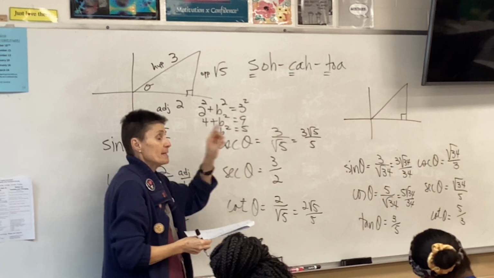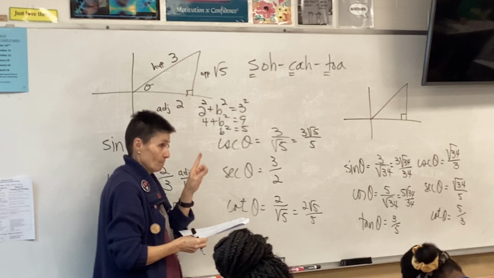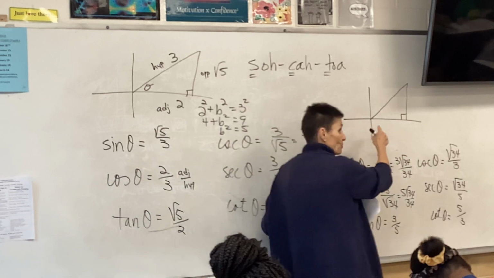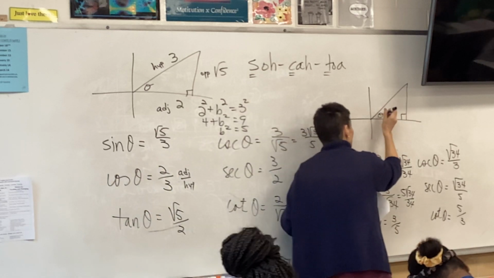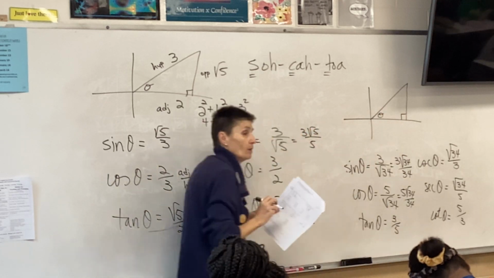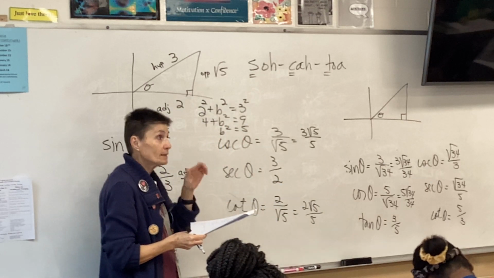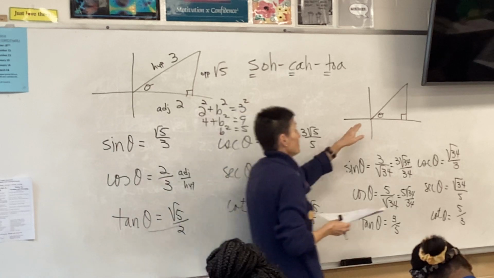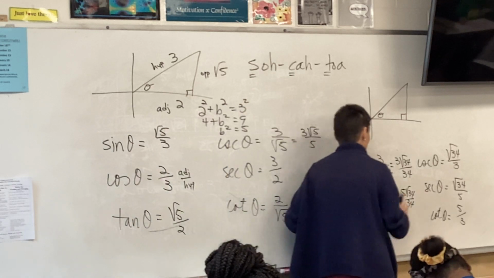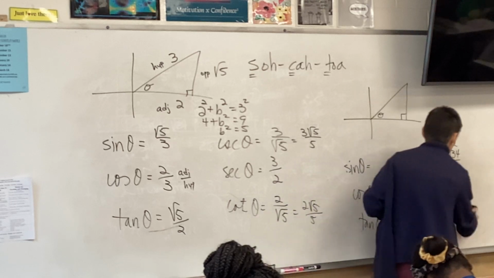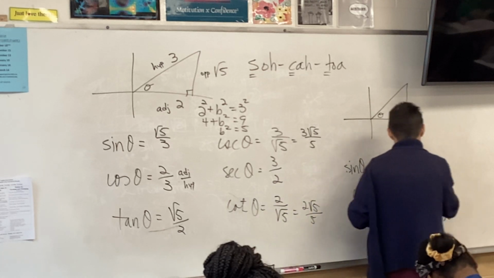If it's not drawn for you, this is what you draw, and theta is always the angle at the origin. So if you are left to draw it yourself, this is what you'll draw every single time. All right, now go with your partner, figure it out, and see what you come up with.